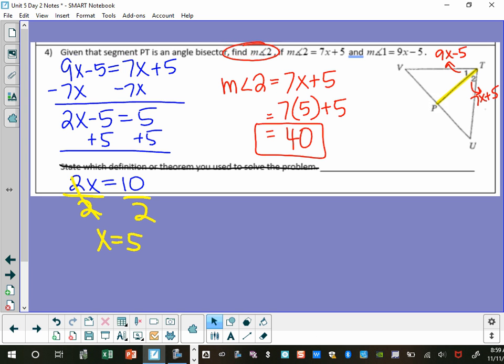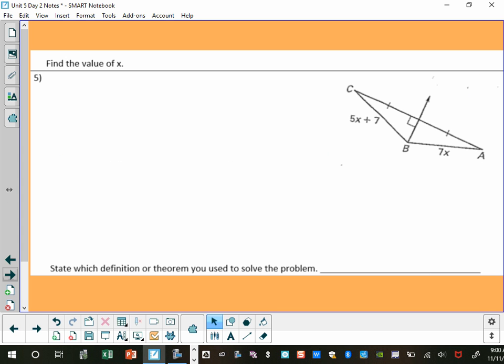All right, now let's turn to the next page, number 5. It says find the value of x. Do you guys see, do I have an angle bisector here or a perpendicular bisector? That right angle square can give you a huge hint. Perpendicular.